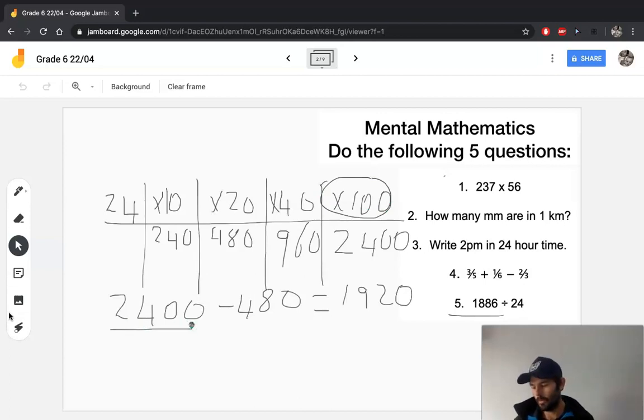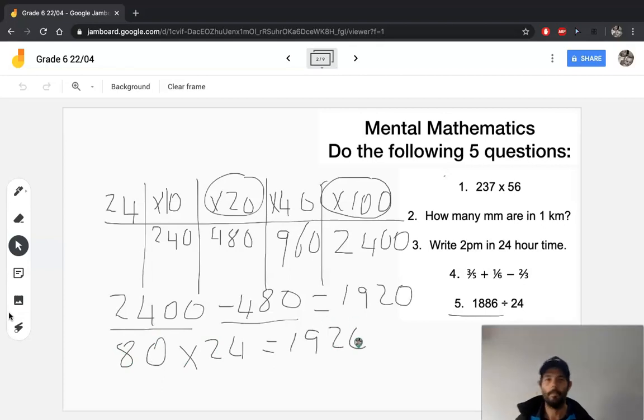It's 20 times 24 for 480. So I know that 80 multiplied by 24 is equal to 1,920. And now it's just a case of going back an additional 24. So if I go 79 multiplied by 24, and I go back 24 from there, I'm going to get 1,896.